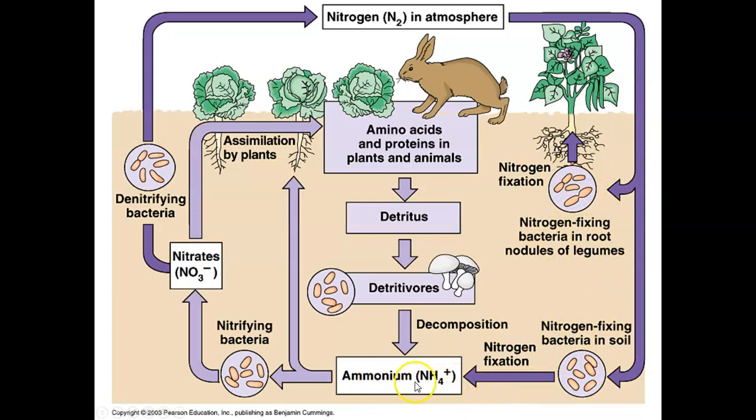So ammonia then is able to be taken in by the plants, and the plants can grow and utilize the ammonia. Then nitrifying bacteria can take that ammonia and convert it into nitrates. Nitrates then can be broken down by denitrifying bacteria back to nitrogen gas.